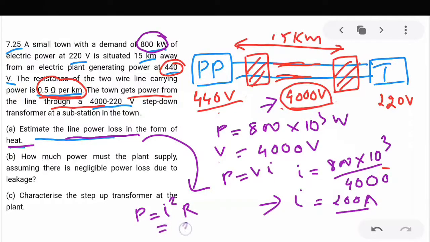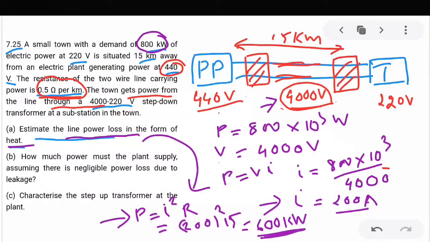So this is 200 square into 15, so that is equal to 600 kilowatt. So the power loss in the form of heat is 600 kilowatt.